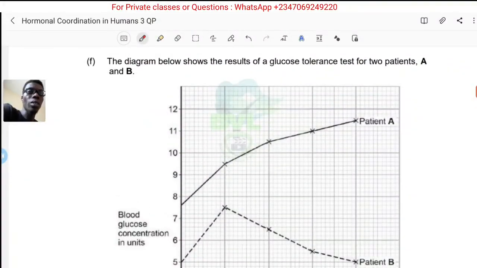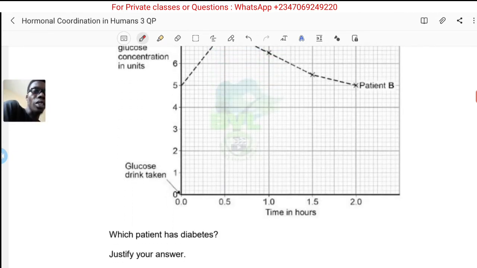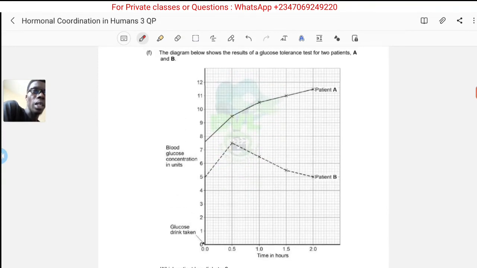Now, the next question says, the diagram below shows the result of a glucose tolerance test for two patients, A and B. Which patient has diabetes? Obviously, that should be patient A, because there's this spike that never came down.